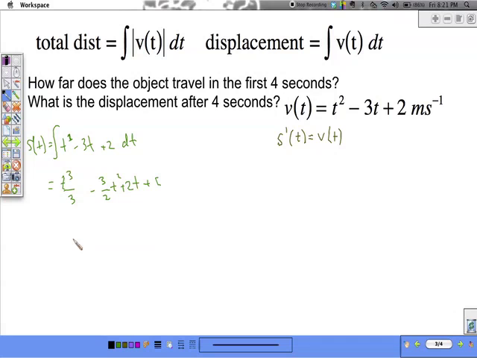If I can find where I'm at after any given amount of time, I should be able to figure out how far the object travels in the first 4 seconds. So let's start out with the position when time equals 0. That equals c. The position when time equals 1.